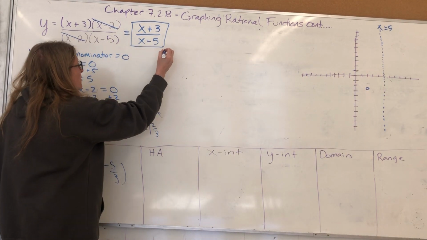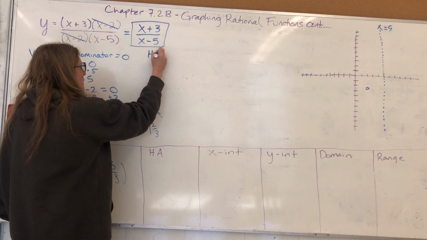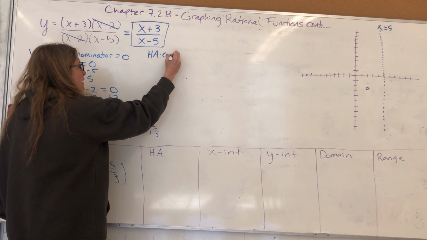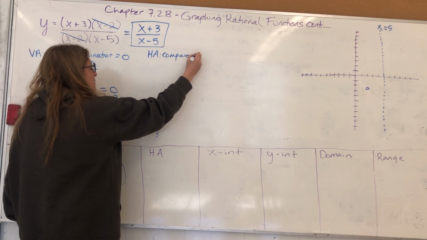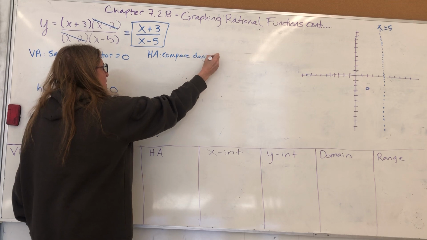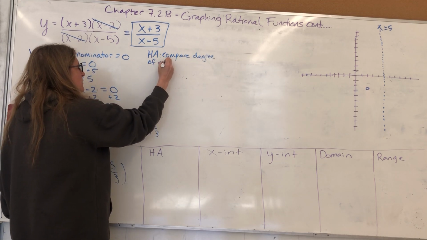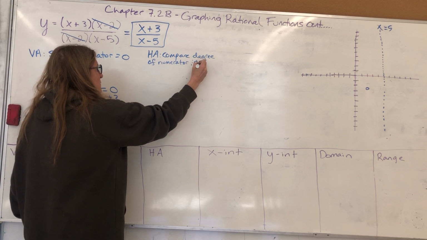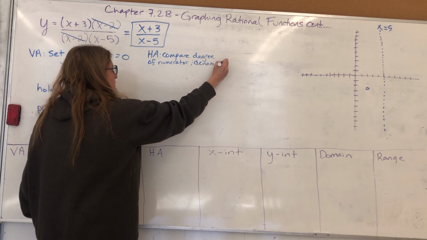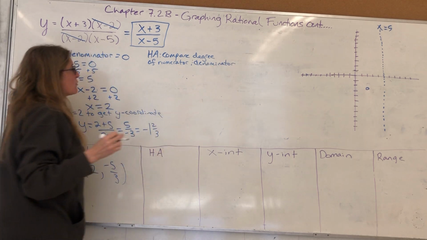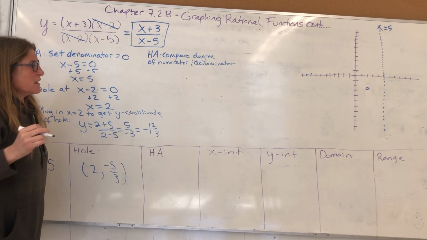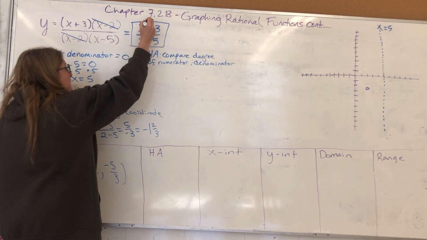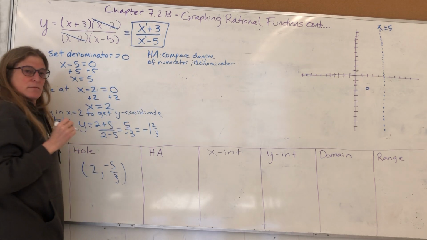Now my horizontal asymptote, if you guys remember, I'm going to compare the degree of the numerator and denominator. So the degree is the highest exponent that each of them has. So it looks like x to the first on both of them.